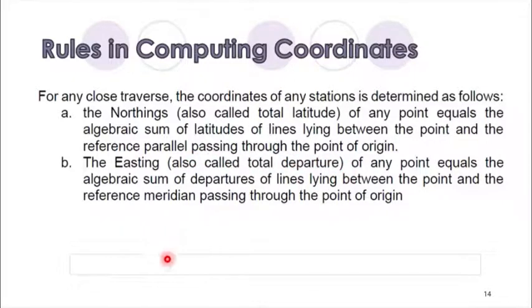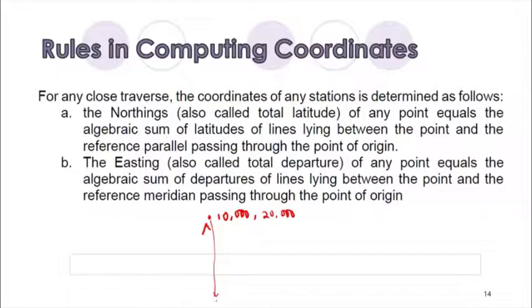If we recall our previous illustration, we have station A with a northings of 10,000 and eastings of 20,000. Meaning to say, the origin, the zero northings line, is located somewhere below here.